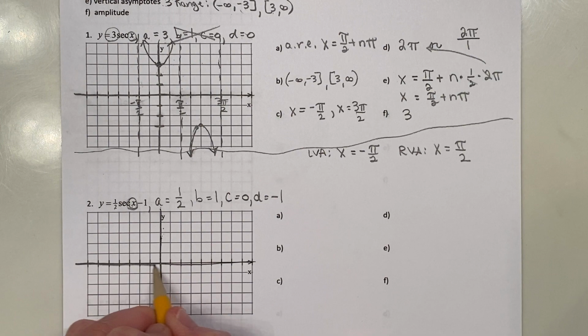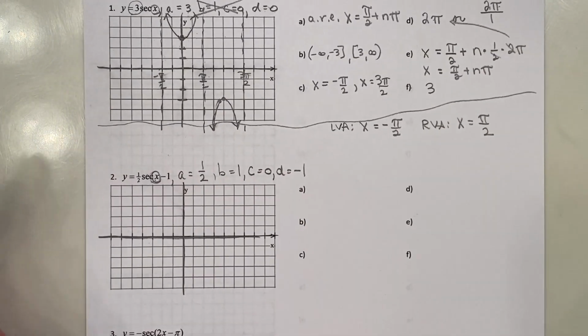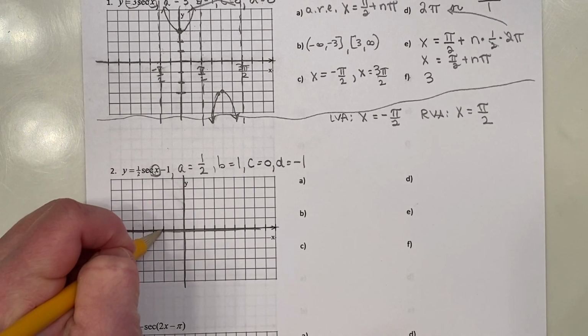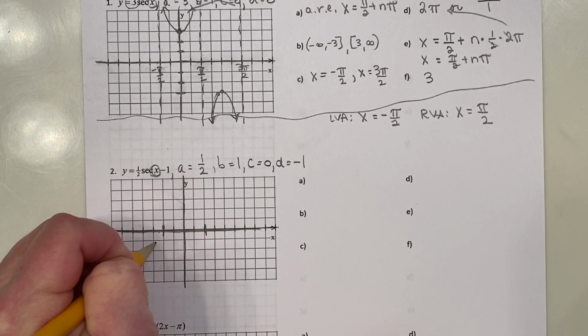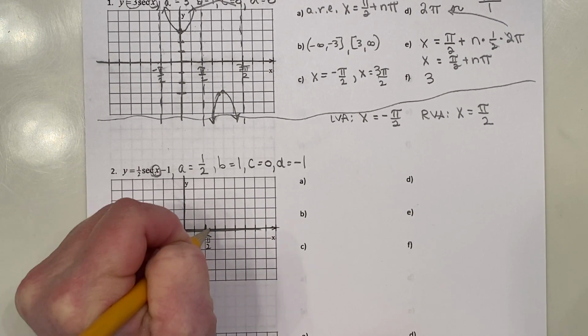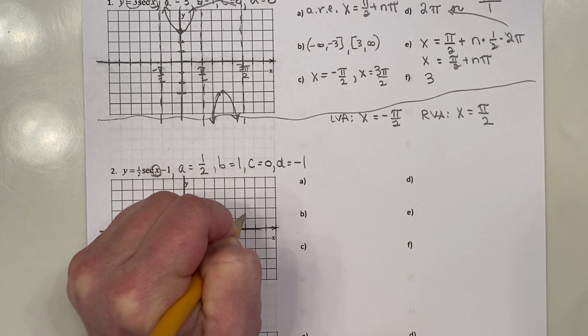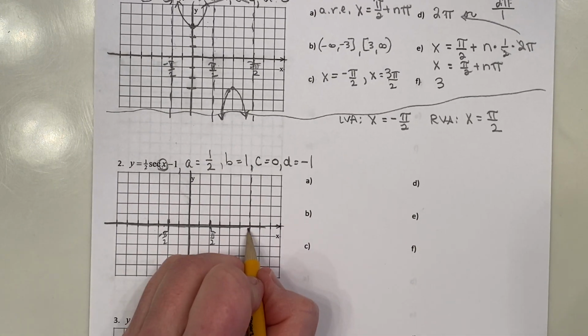It's just that I'm vertically shrinking it, and then I'm shifting it down 1 too. All right, negative pi over 2, pi over 2. And then I'll count 4 blocks over to my next vertical asymptote. Might as well get that on there. And that's 3 pi over 2.